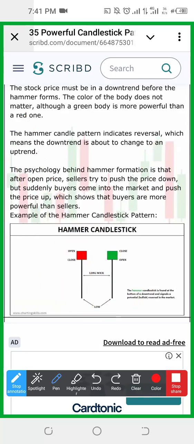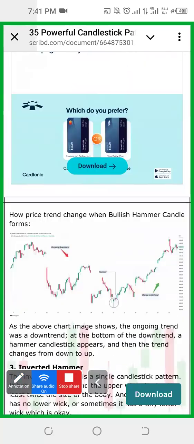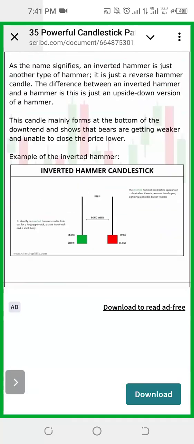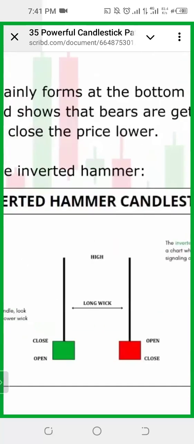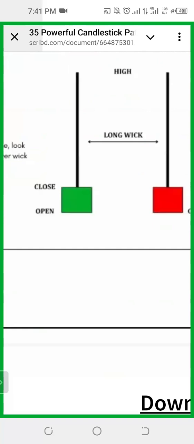A hammer always has a long handle with a head that you can use to knock a nail. But we also said that we have another candlestick that is just the opposite of the hammer, called the inverted hammer. Instead of the head being up, the head will be down and the tail will be pointing up.